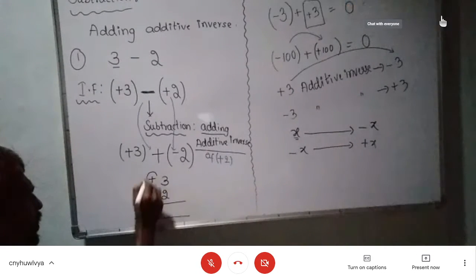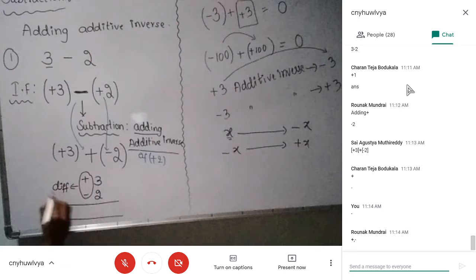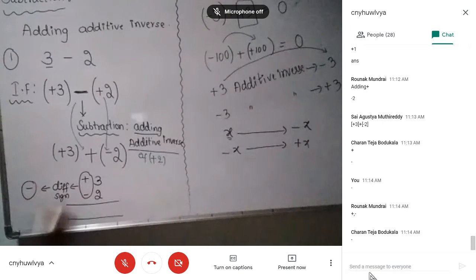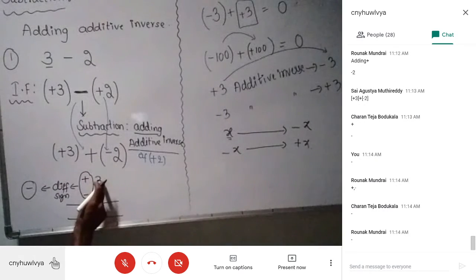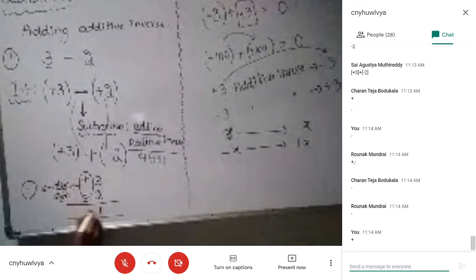One positive, one negative, different signs, therefore we should do the difference. Difference means minus. So 3 minus 2 is 1. The bigger number is 3, its sign is plus, so your answer is plus 1.